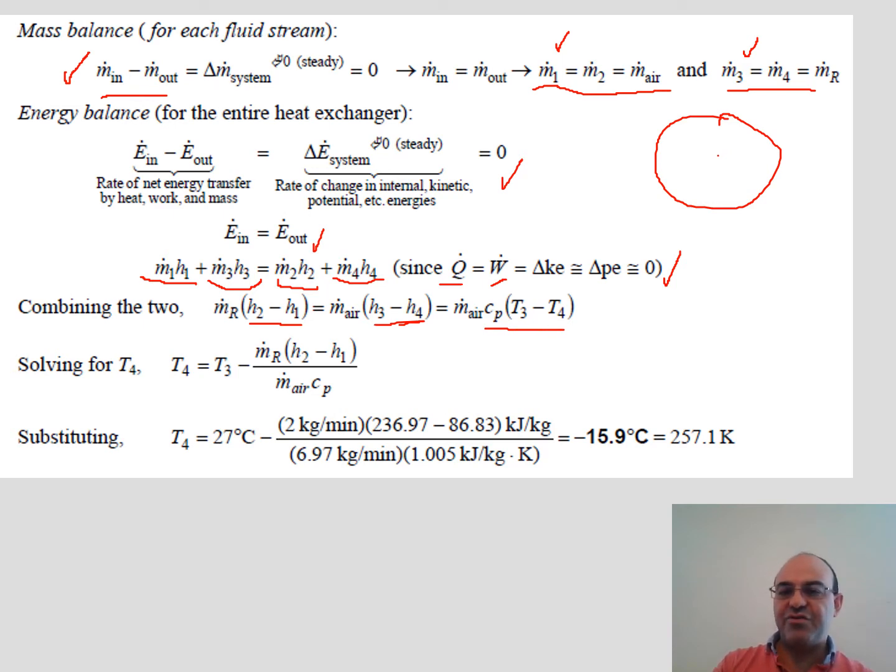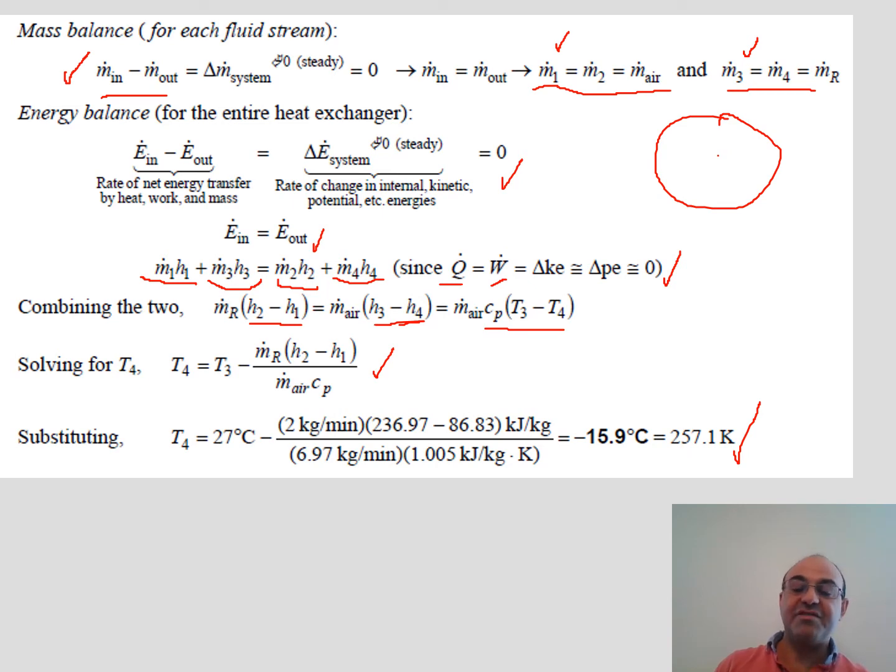And we know that T4 is unknown. If we rearrange this equation, we can show T4 as a function of other variables. Everything is known. We can plug in and find T4, the temperature at the exit of this evaporator.